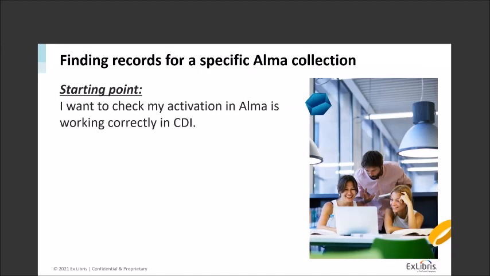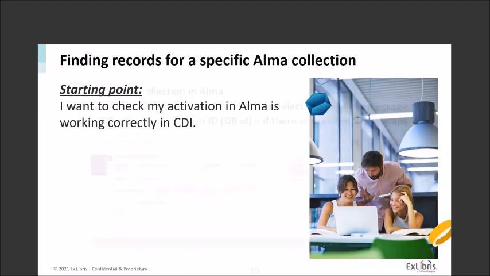That is because there is a time lapse of 48 to 72 hours between when you make the change in Alma and the changes get published to CDI, and CDI actually creates new full text and searchable rights that are used by CDI. So it takes some time, but that's something to keep in mind when you start looking at this.